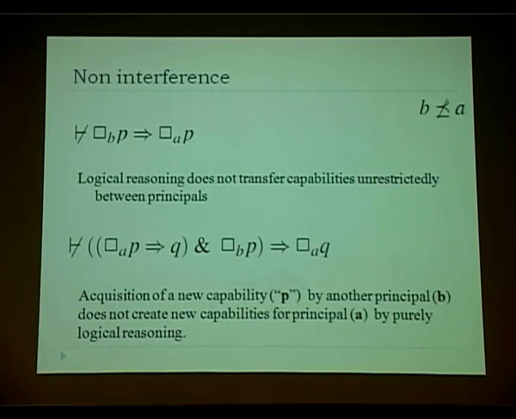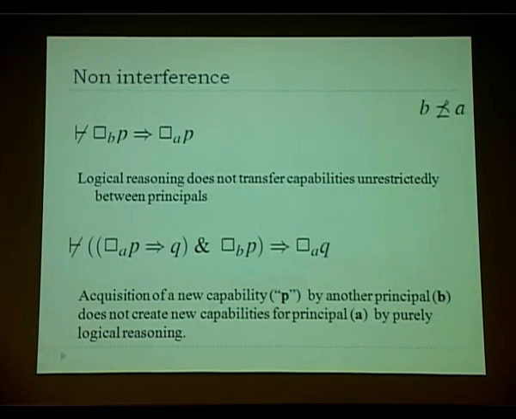In this setting, what non-interference tells me is that the logical deduction does not transfer capabilities between the principles, right? So, for example, there is a non-theorem that says, just because B has access to a reference O, that doesn't mean that A has access to the reference, okay?